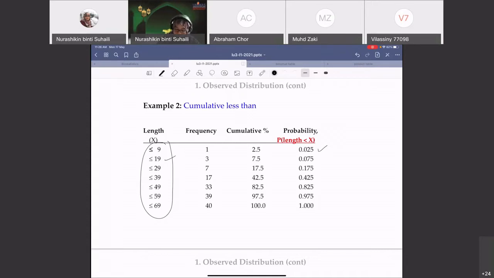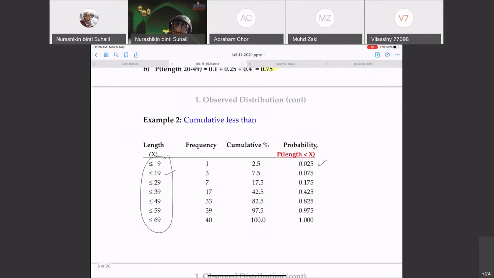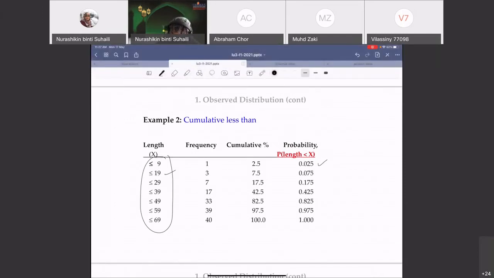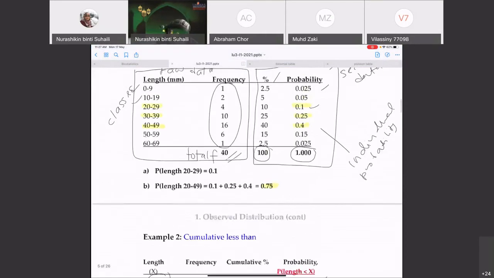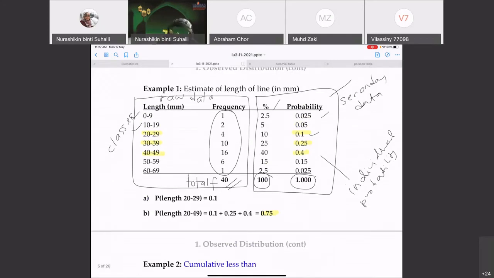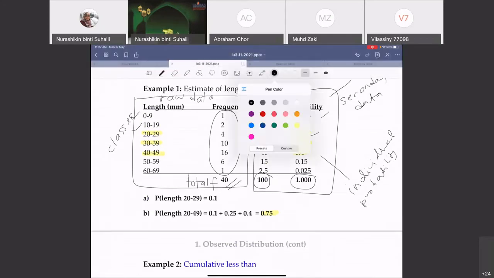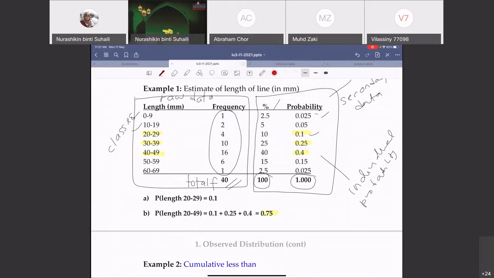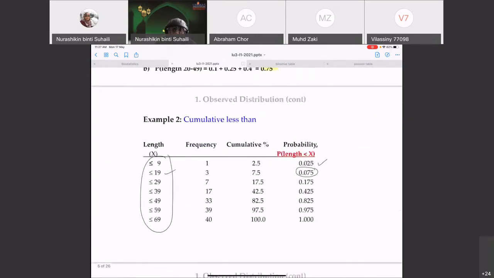That's why the value over here, 0.075, is actually the summation of 0.025 plus 0.05. Okay, I hope that's clear for you, and so on.